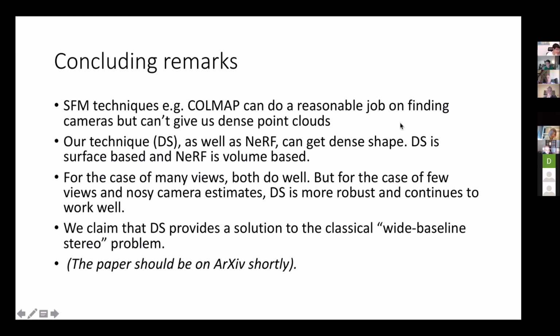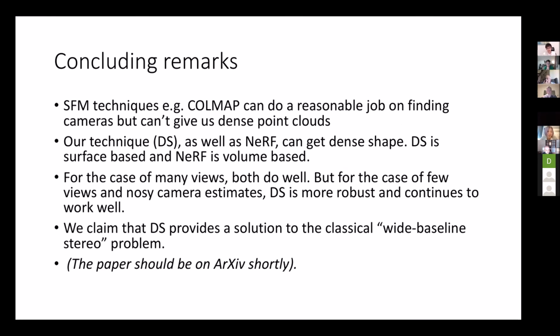The two techniques you can use for recovering dense shape are our technique, differentiable stereopsis, as well as NeRF. The differences are they both have differentiable rendering in them. So what's the key difference? First order difference is one is surface based, one is volume based. I mean, there are other differences like using some implicit function thing, but to me the more fundamental one is surface versus volume.